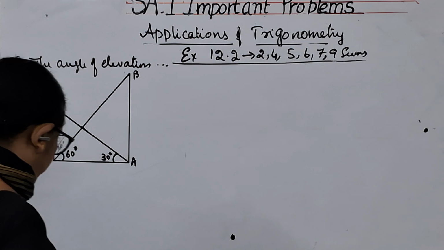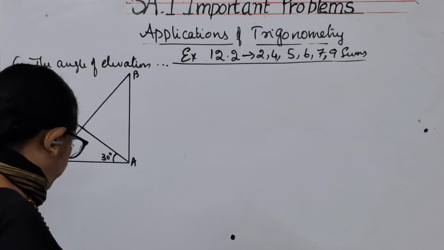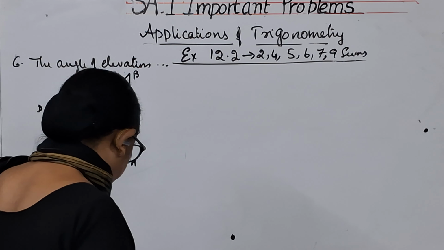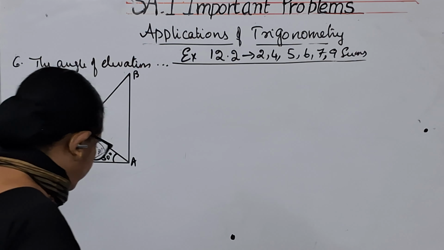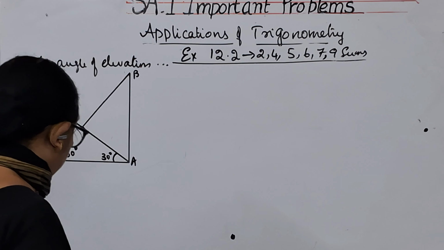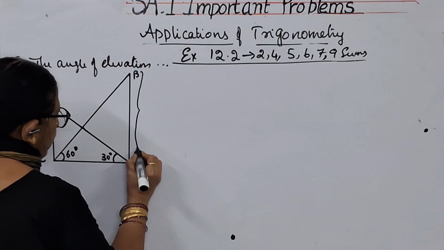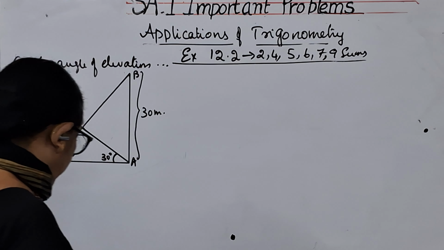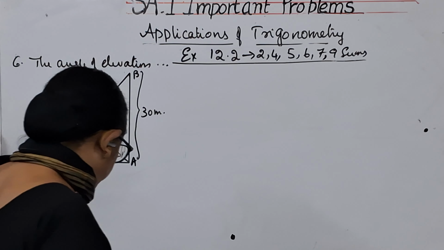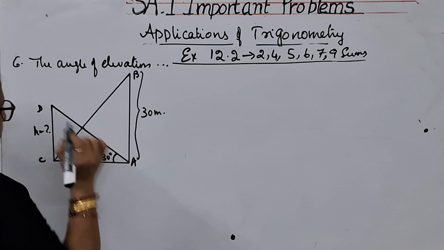This is 60 degrees. If the tower height is 30 meters, this total height is 30 meters. If the tower height is 30 meters, find the height of the building. What is the height of the building?